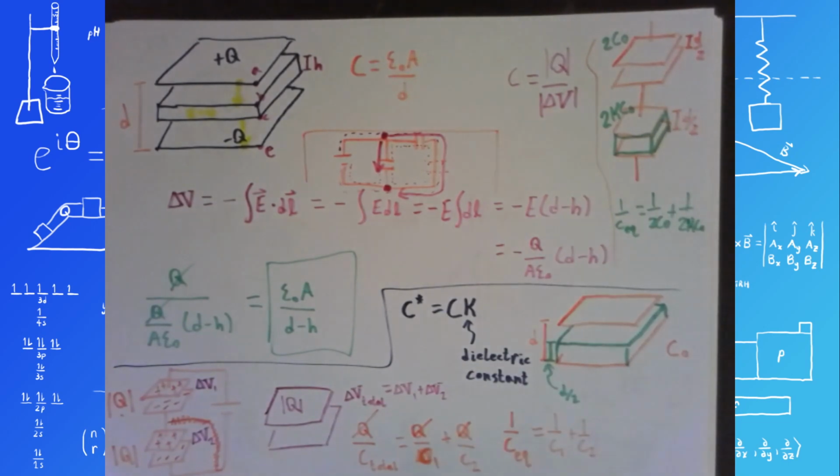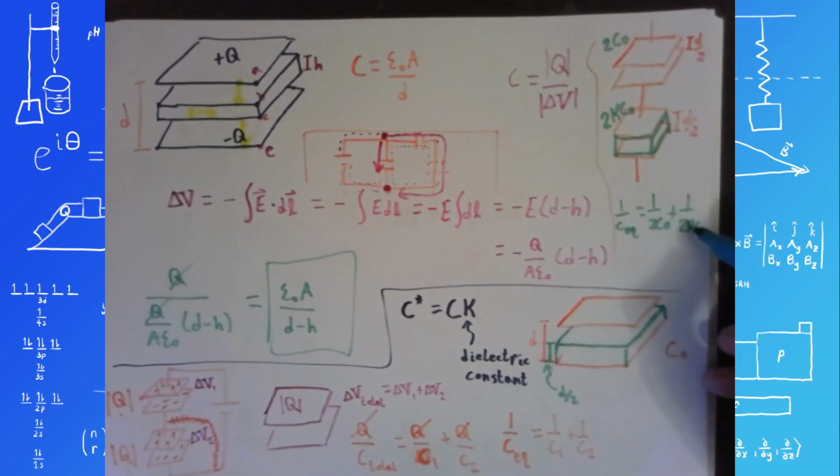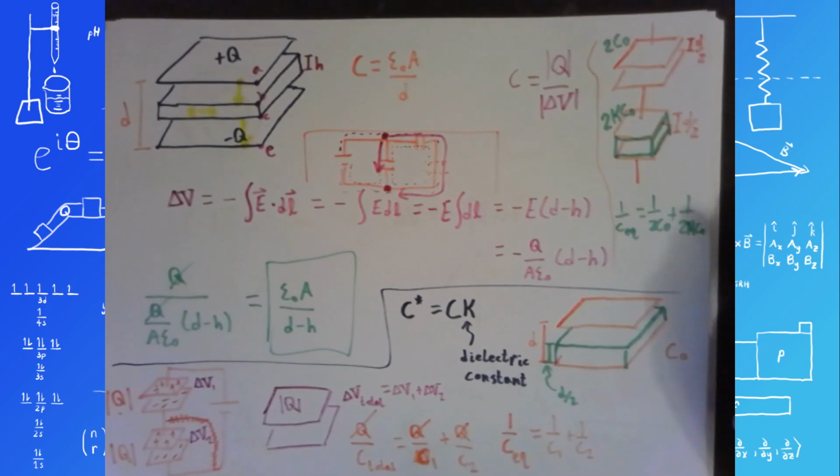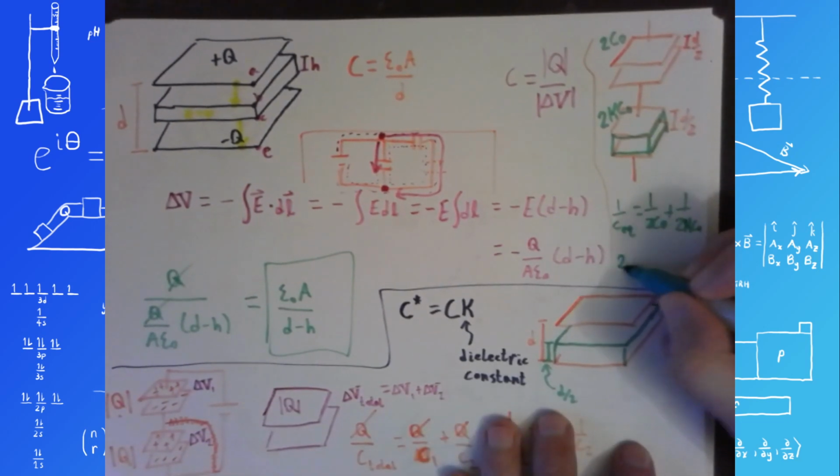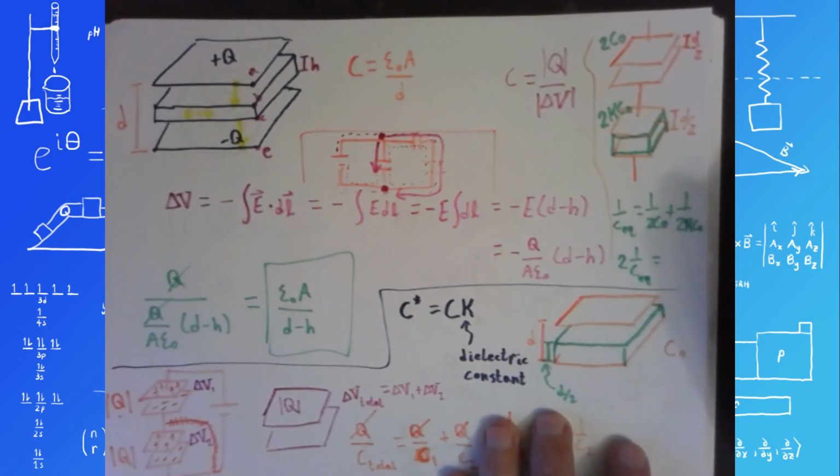Let's see. I can multiply everything by 2 to get rid of the 2's at the very least. And if I factor out 1 over kappa, then this becomes 2 times 1 over C equivalent is equal to 1 plus 1 over kappa times 1 over C0.